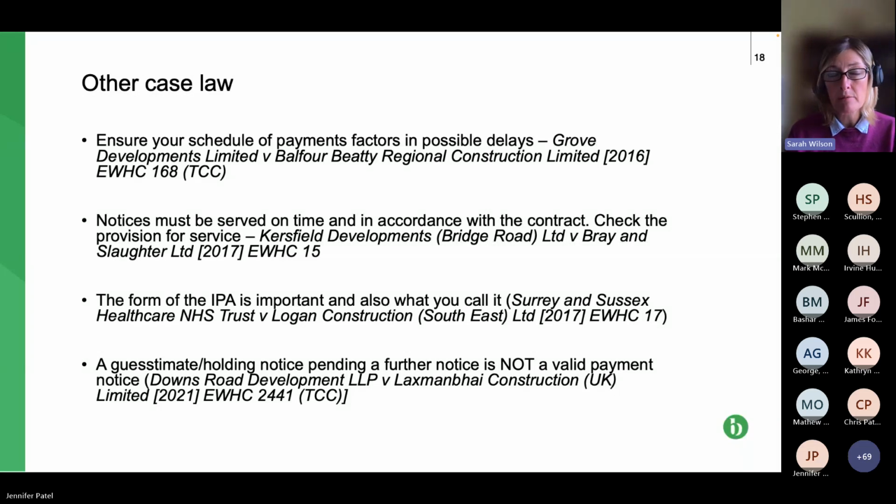So this was a payment notice, and we're going to update the payment notice later on. So what they did was they served a second payment notice later on. Well, that was outside of the payment notice timescales. So we know if you don't comply with the timescales, it's not valid. So the second one was invalid because it was outside of the timescales.